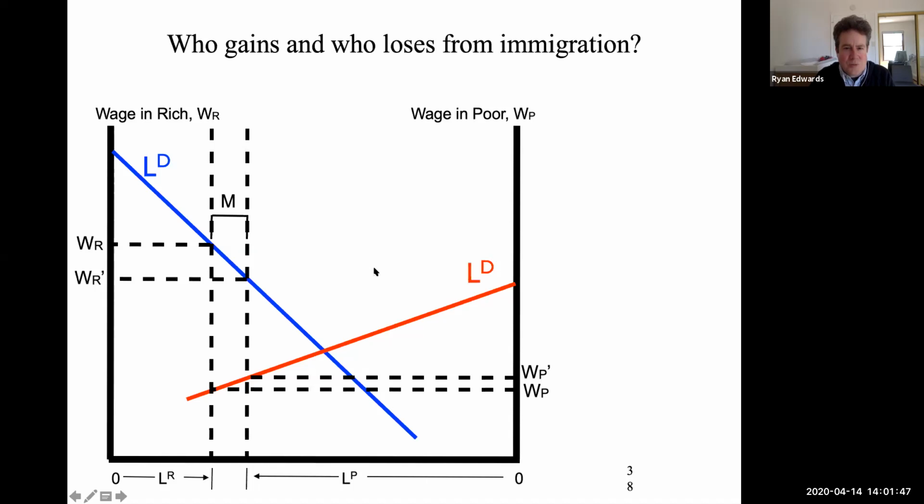WP doesn't jump to WR. Oh, well, okay, the question from Nicole is, does WP jump to WR? I think what you have in your head is an idea about what's an equilibrium here.